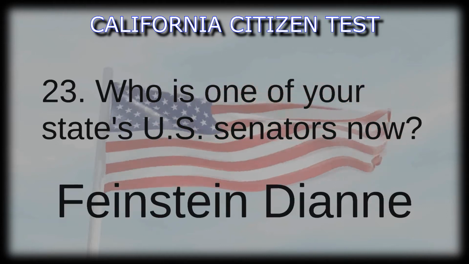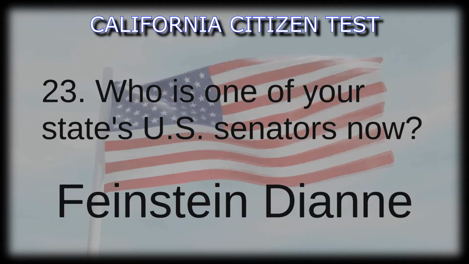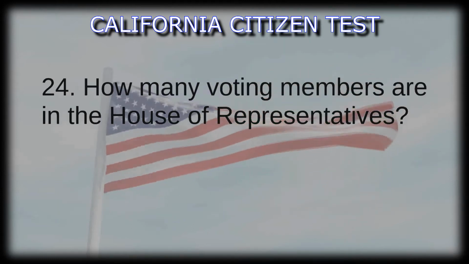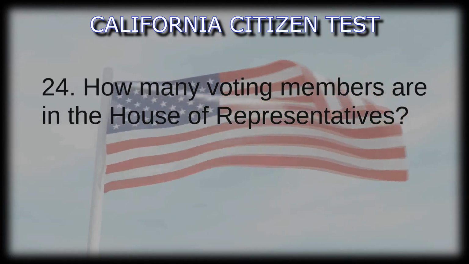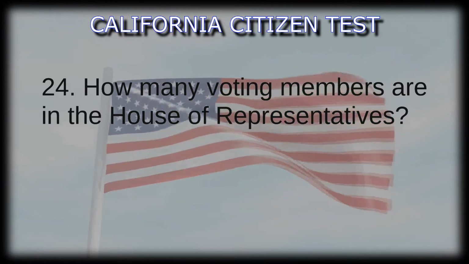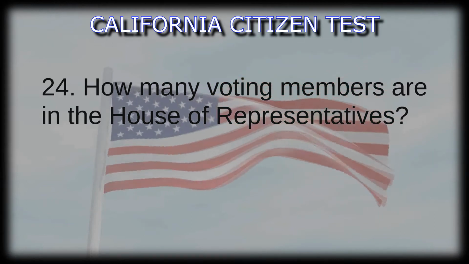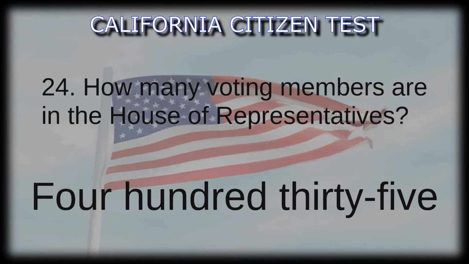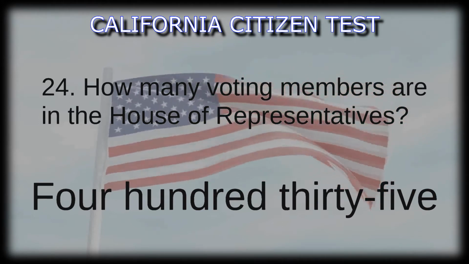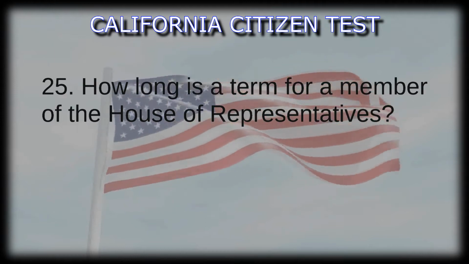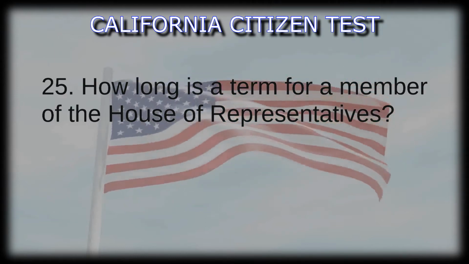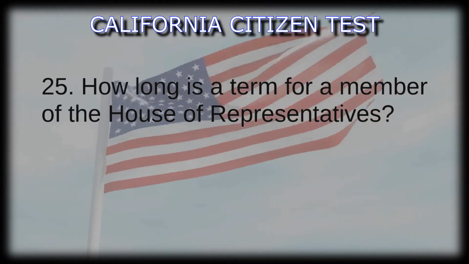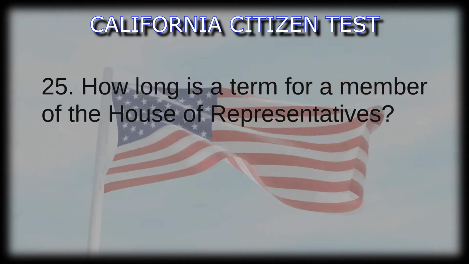Feinstein Diane. 24. How many voting members are in the House of Representatives? 435. 25. How long is a term for a member of the House of Representatives? 2 years.